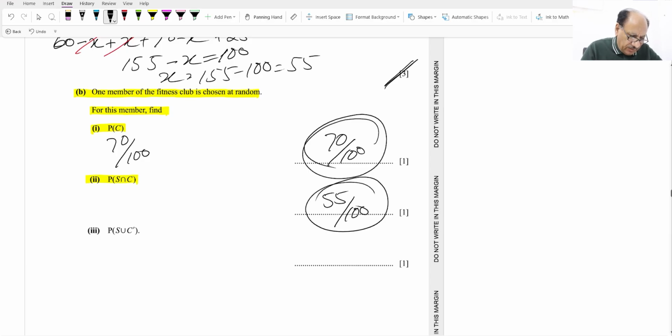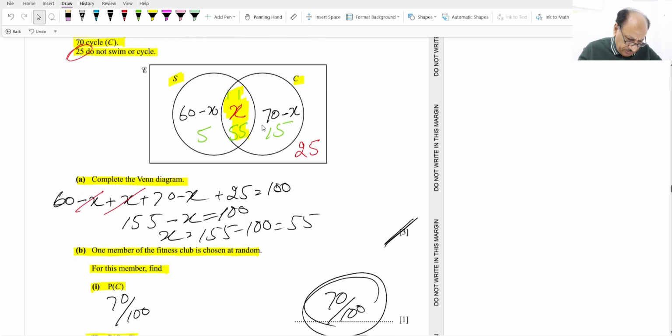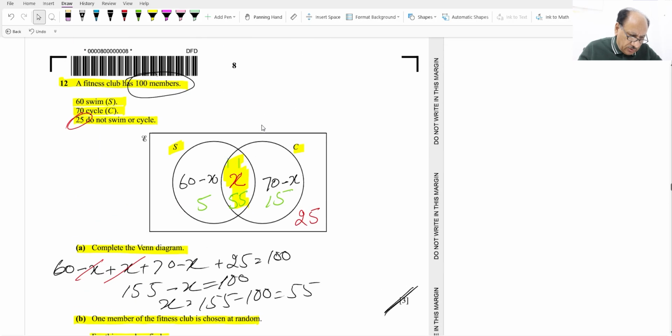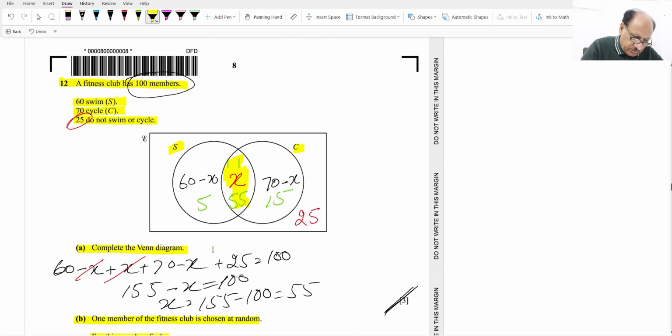And next is probability of S union C complement. So whatever is not in C, and union. So the union of S and C complement. S will be this one, but C complement will be including this also.